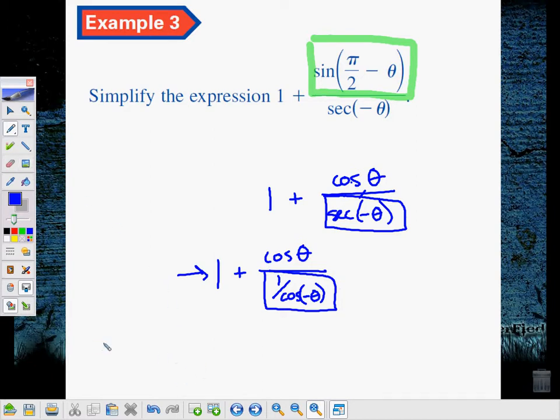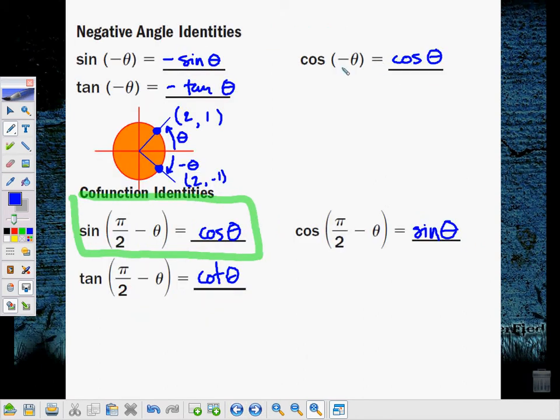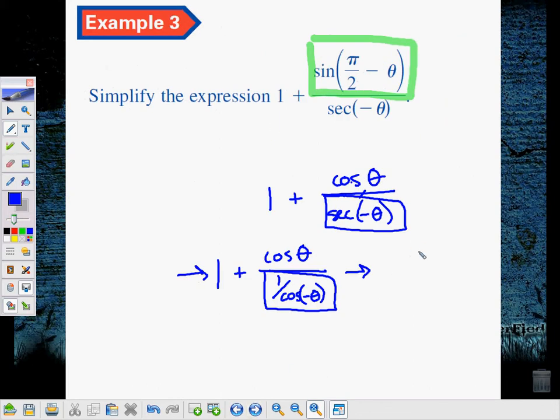Now, the cosine of negative theta, if I stroll back here, is equal to cosine of theta. So I'm going to change this to 1 plus cosine of theta over 1 over cosine theta.